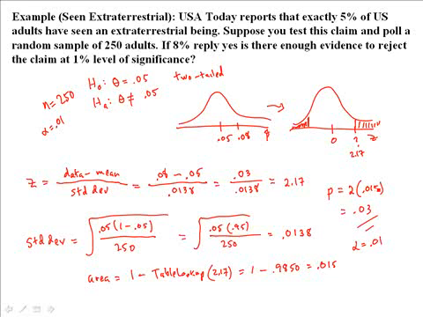If this p-value had been smaller than 0.01, then we would reject the null hypothesis. But because the p-value is larger than alpha, we can't reject. The way people say that is, you failed to reject H0 at this level of significance. You also say that the result is not significant.